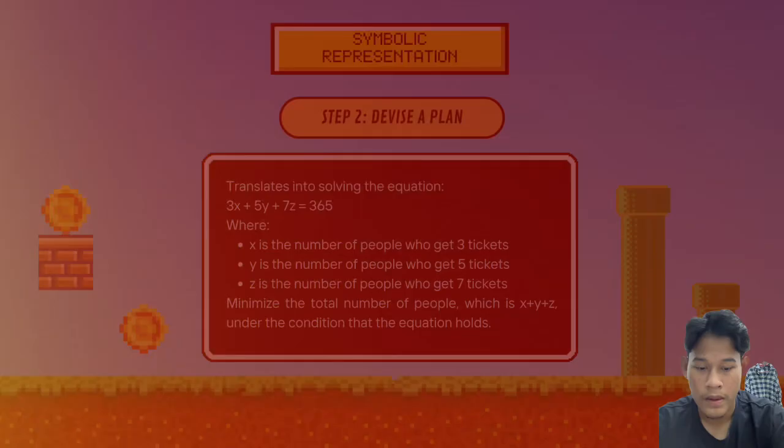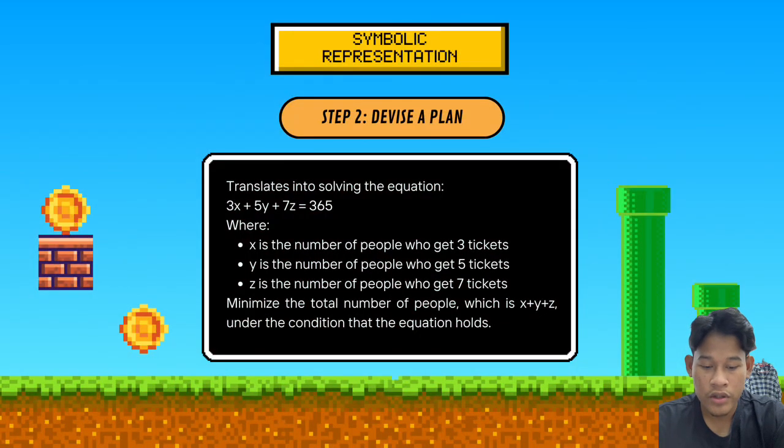So from the question, we basically can translate it into an equation which is 3x plus 5y plus 7z equals 365, where x is the number of people who get 3 tickets, y is for 5 tickets, and z is for 7 tickets.